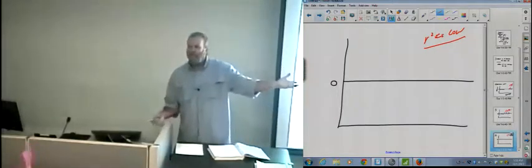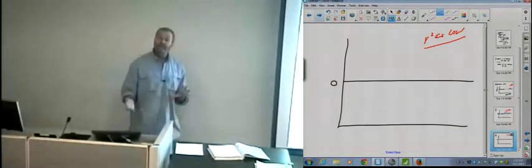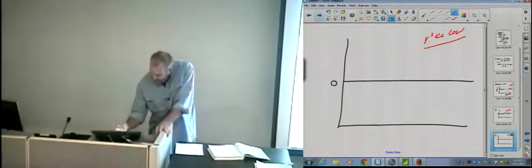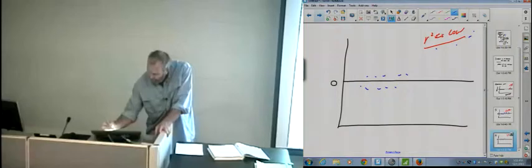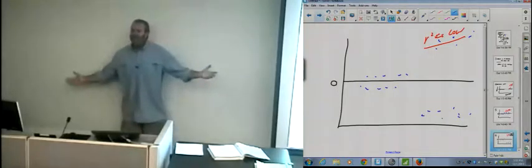Do we just throw everything away? No. This is where you would stop and you would look at the residual plot. And what you're looking for is something like this. So we don't throw everything away.